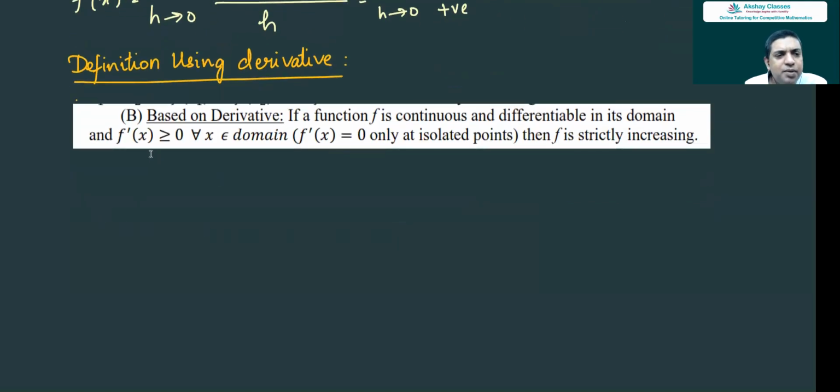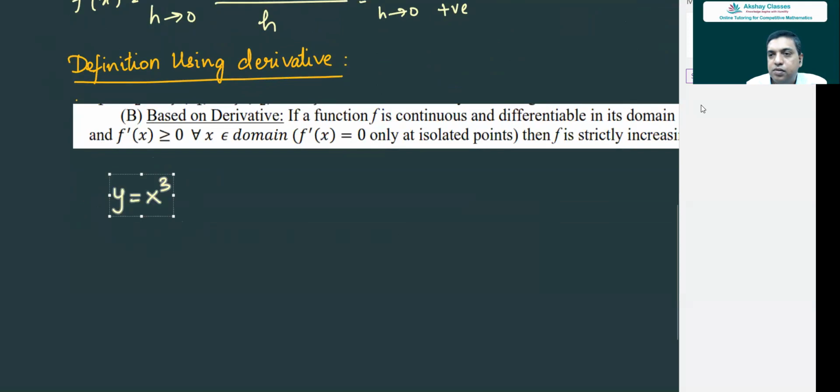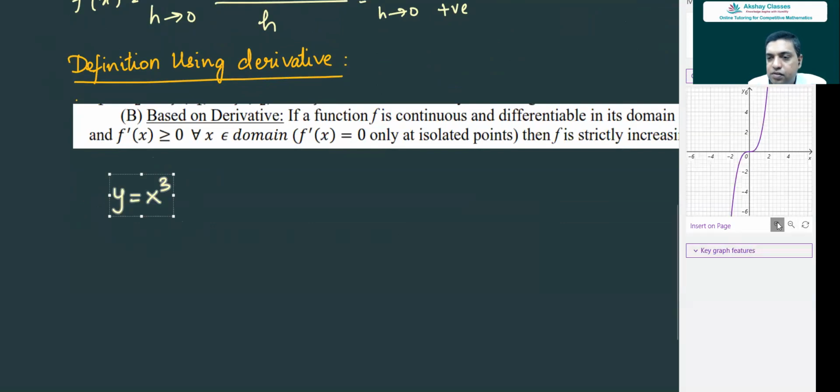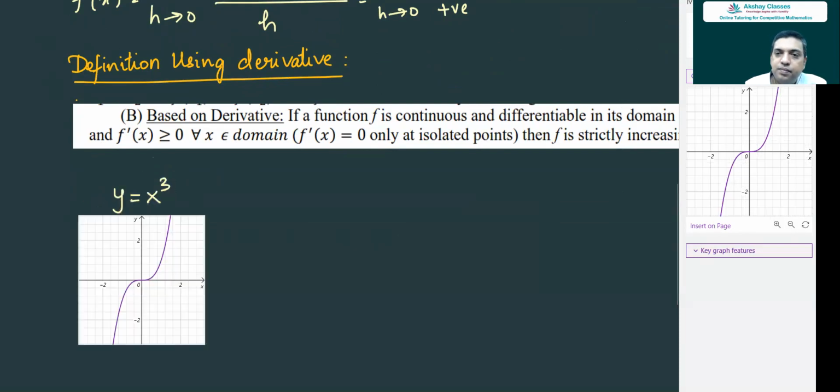Now, sometimes it so happens that at some isolated points, f dash x can be equal to 0. So, for example, y equal to x cube. Let us take this example. This is a very important example to understand monotonicity.